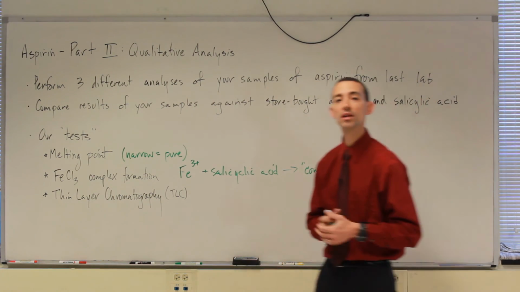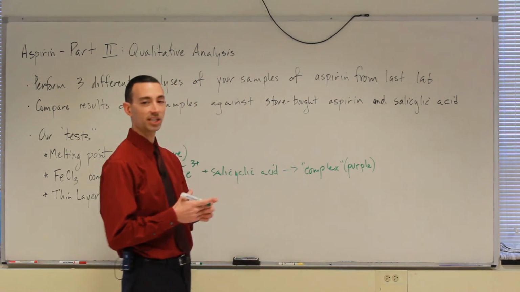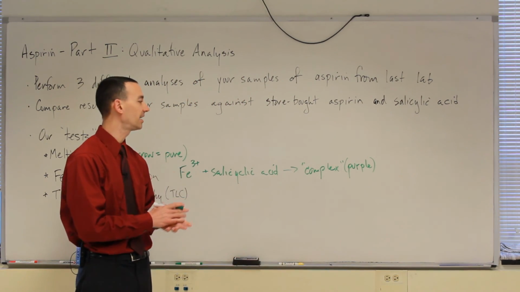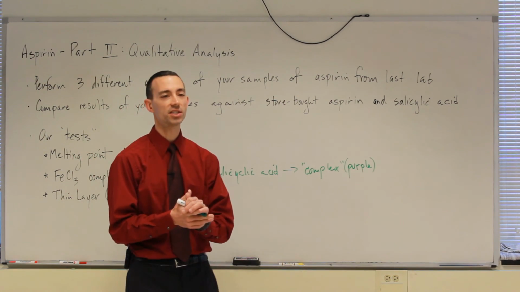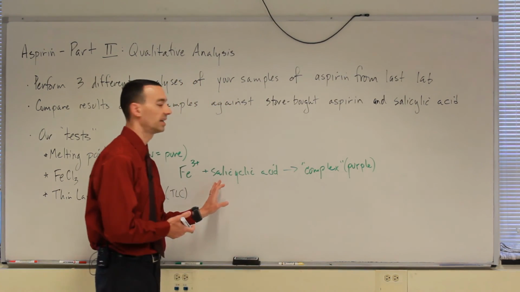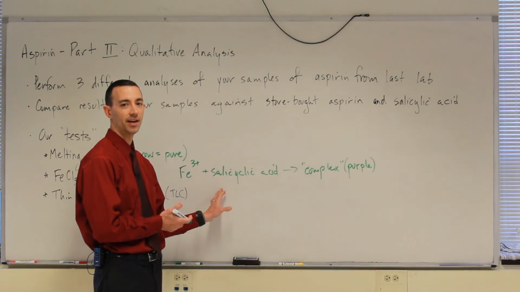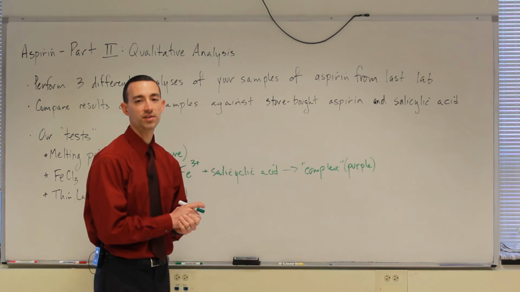If no color change occurred, that's good qualitative evidence that your sample does not contain salicylic acid. Careful here, it's not saying the sample is pure, it's just saying the sample doesn't contain salicylic acid. All right? There's a limit to what we can conclude from our qualitative tests.